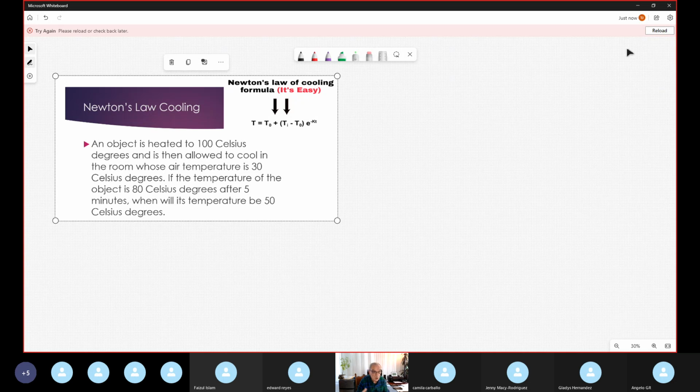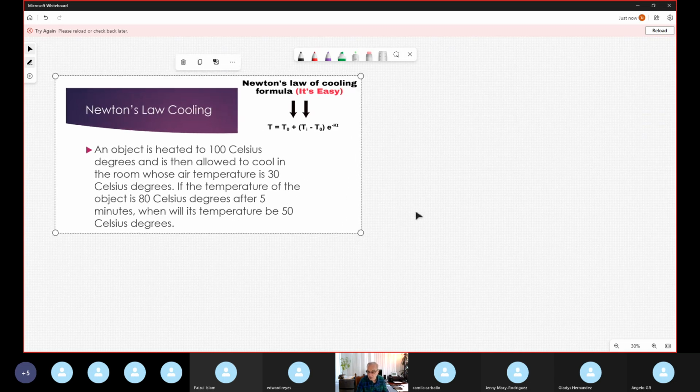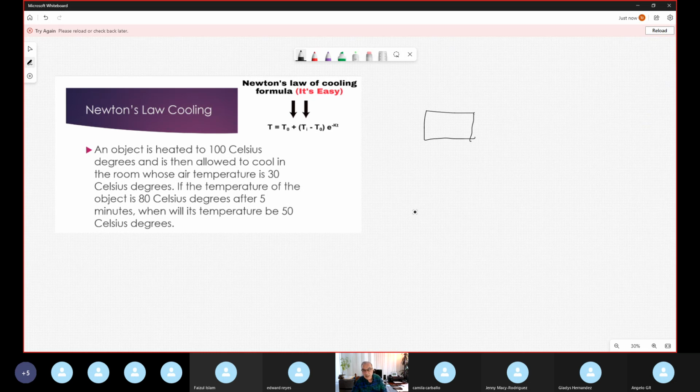Newton's law of cooling. So what is the idea behind Newton cooling? Suppose we have an object, I don't know, pizza, cake. One object is very, very hot, with a large initial temperature.